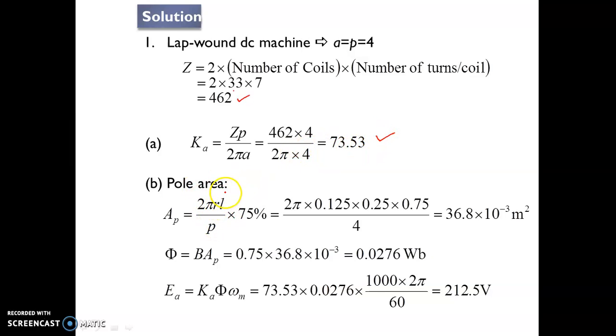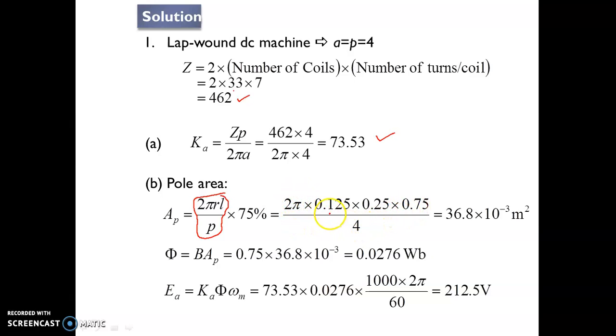Now the pole area. I have already discussed this area when I was developing the relation of the torque. It is 2 pi R multiplied by L divided by P, and 75% is only used. So 75% is multiplied. Everything is given here: 2 pi multiplied by R, which is 0.125, multiplied by L, 0.25, into 75% divided by 4.